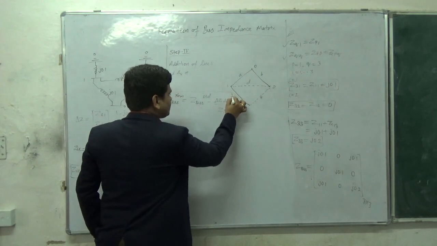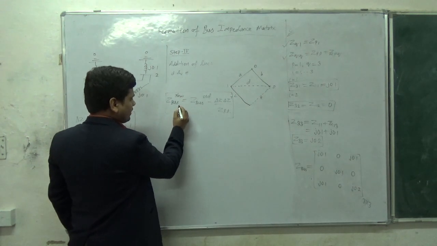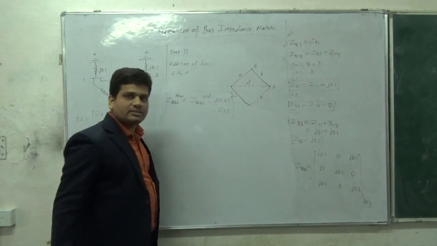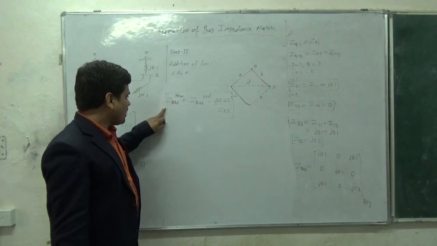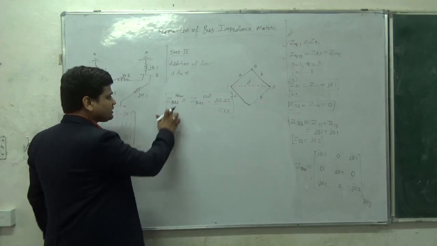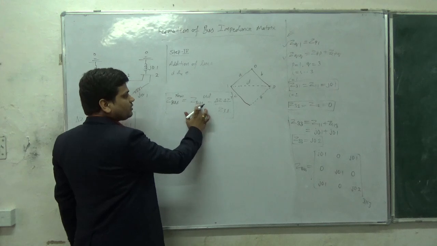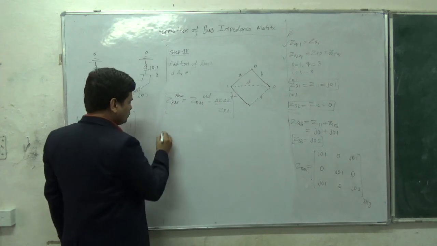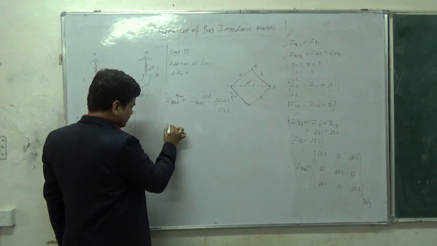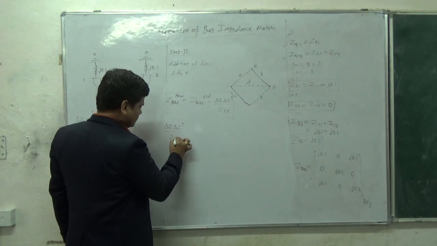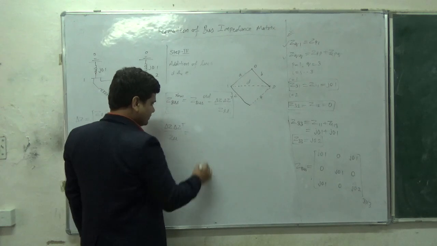Now the dimension of this matrix will again be 3 cross 3. It will behave as Z bus old. I am calculating the elements of Z bus new, and Z bus new is what? Z bus old minus del Z transposed upon ZLL. So first of all, what is del Z and del Z transposed upon ZLL? What is ZLL?